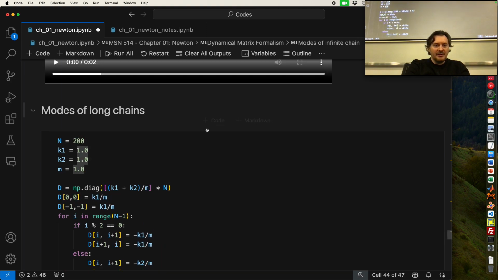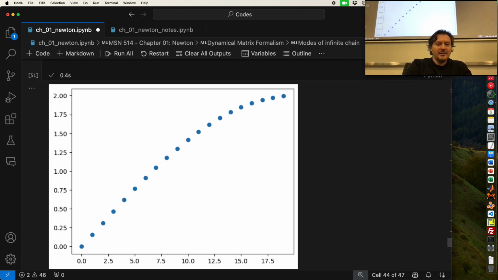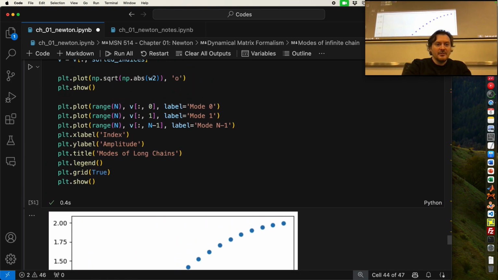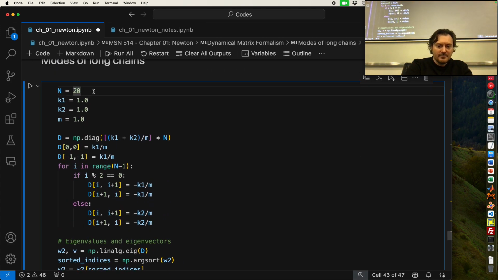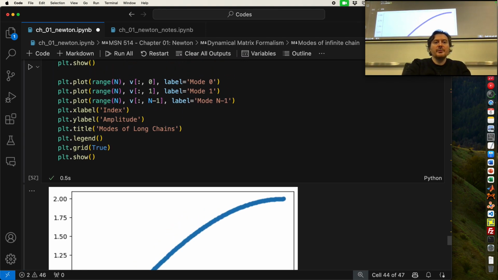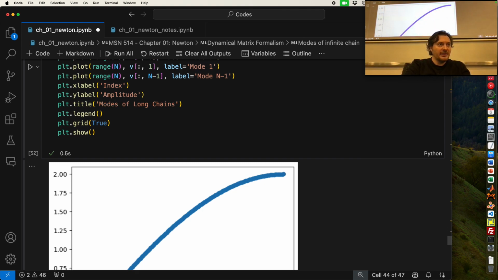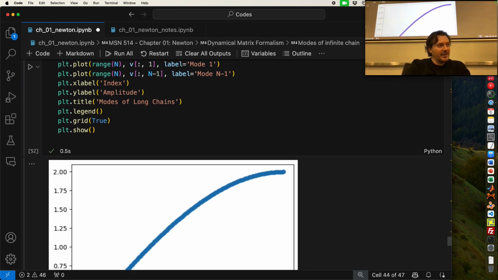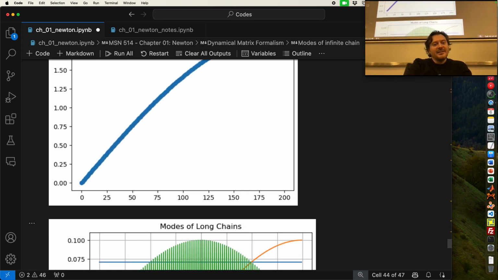Let me show you when it's 20. When it's 20, it looks like this. When it's 200, it looks like the curve that you have seen. So some of you do know already how to get this curve. Some of you don't, right? Would it be fun to actually derive this curve? Yes. There you go. That's the spirit.